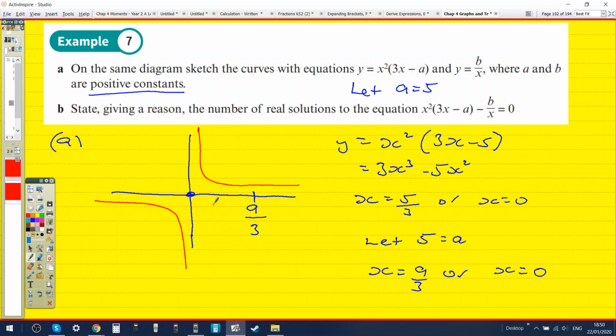Okay, sketch the graph. Cubic, what's it going to look like? And you can use 5 if that helps. So if it was 5, it would cross at 5 thirds and 0. And does it touch one of those? Which one? Because there's only 2. How do you know? It's always a squared one.